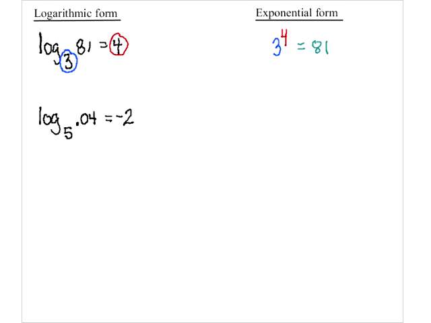Alright, so the base is 5. That's going to be the base of my exponential form. The exponent is what the log equals. Logs always equal exponents, so that's going to be -2. 5 raised to the -2 power is 0.04. Okay?